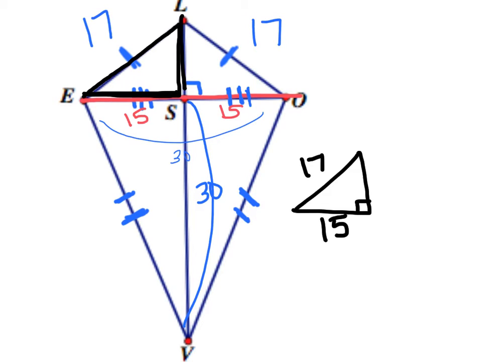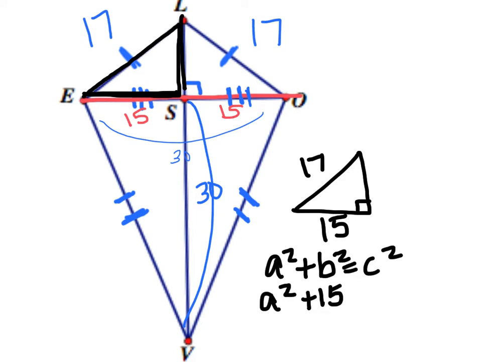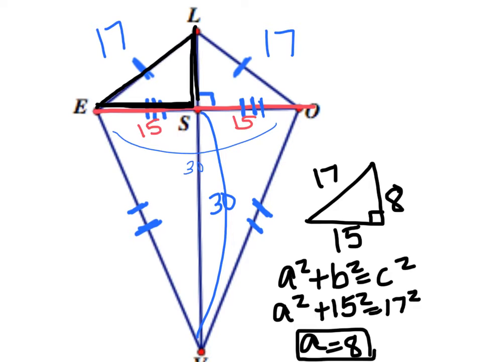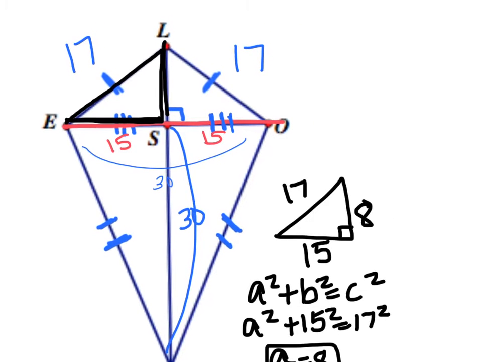So you guessed it, you've got to use the old dead guy, the Pythagorean theorem, to figure out that third side. In this case, we're going to be solving for a squared. I'm just going to go ahead and tell you the answer. A is going to be 8. I'm sure you can figure that out. If you can't, pause the video, make sure that you can get it, and then if you've got questions, let me know. Okay, so that part is 8.